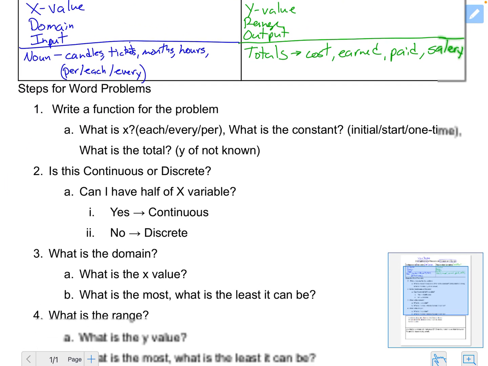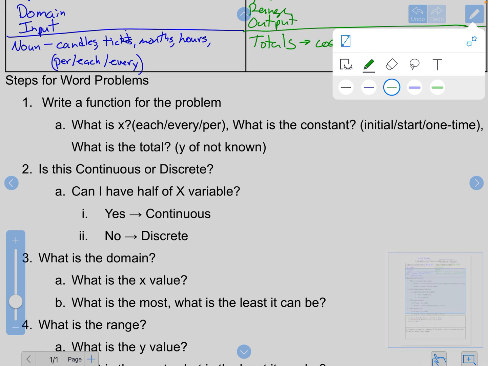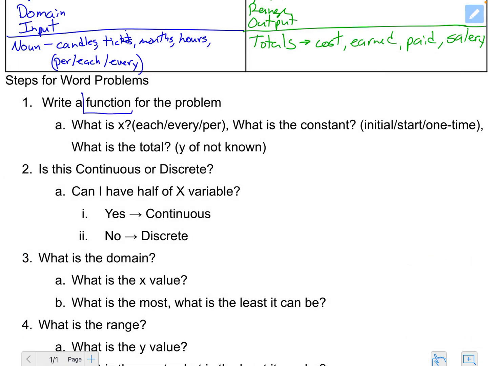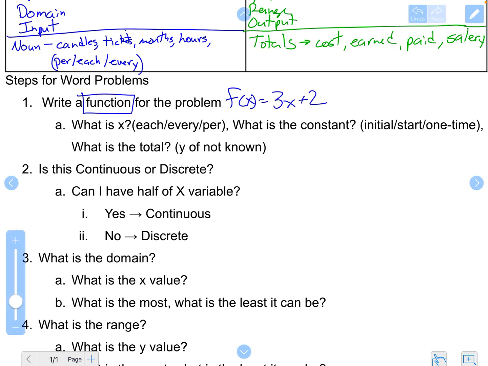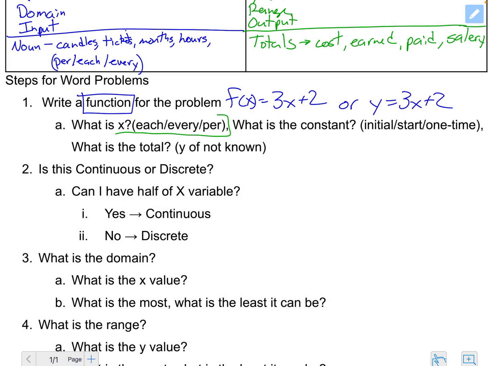When we are looking at word problems, the first thing we need to do is write a function. A function is simply f of x equals 3x plus 2, or we know that f of x is the same thing as y, so y equals 3x plus 2. In this case, we're looking for our x, our each, our every, our per, and we're also looking for the coefficient to go in front of it.